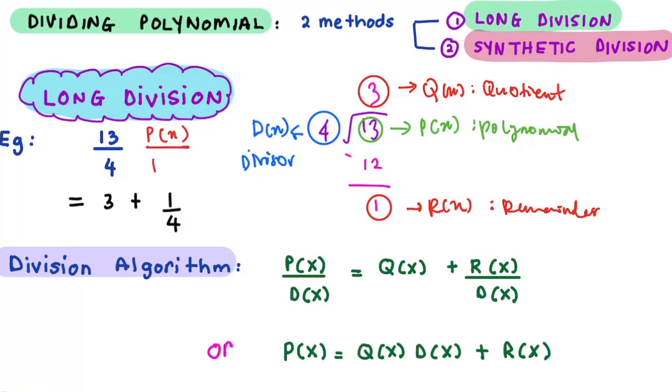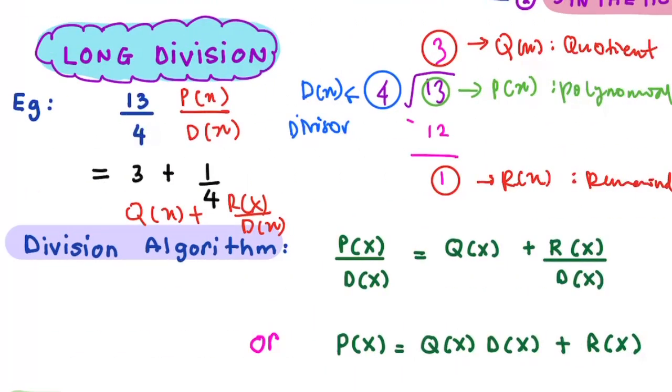This is your px divided by dx, polynomial divided by divisor. How should you write your answer? This is quotient plus remainder over divisor. So this is how we usually write our answer, but now I've represented it in terms of Q, R, and also D.